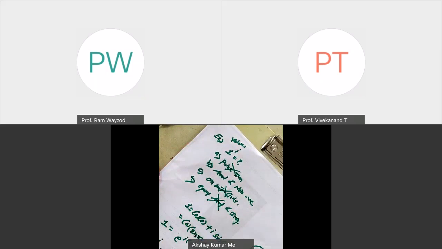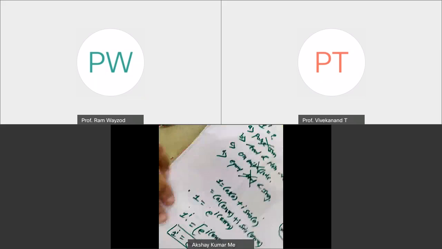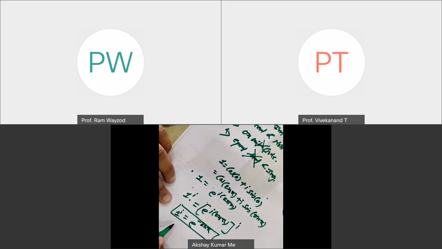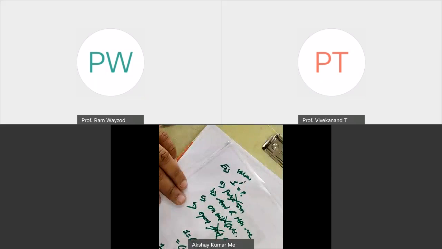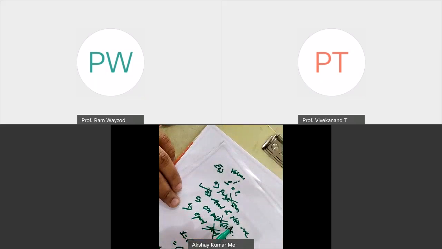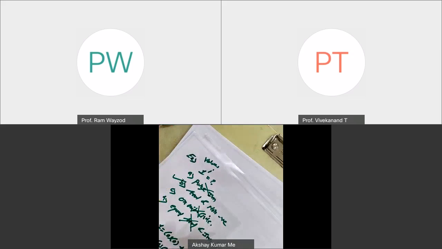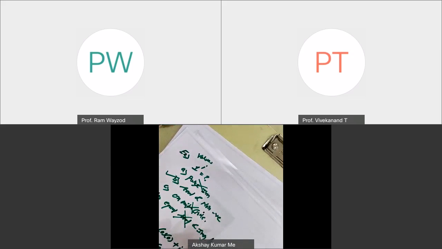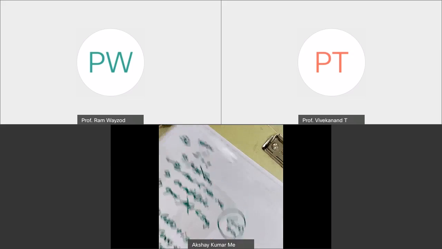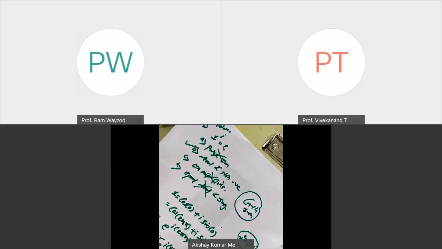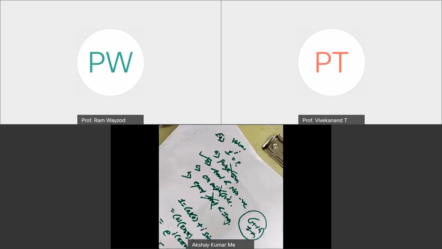Again, imaginary is not in the expression of 1 to the power I. So the option is B, real and non-negative. This question was asked in GIT 2014 for 1 mark. Simple question based on complex numbers.